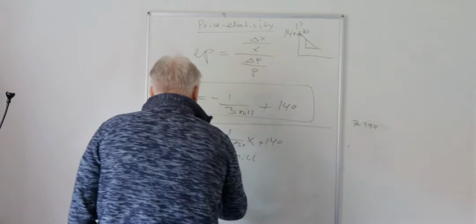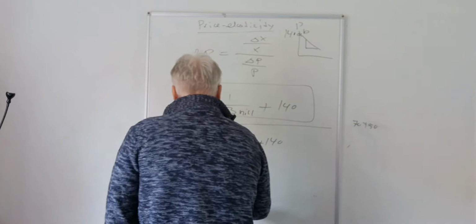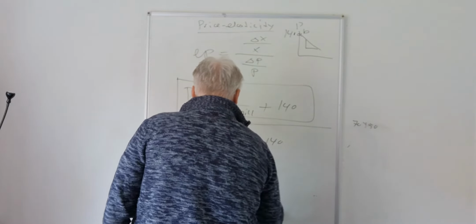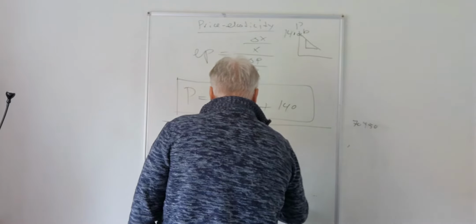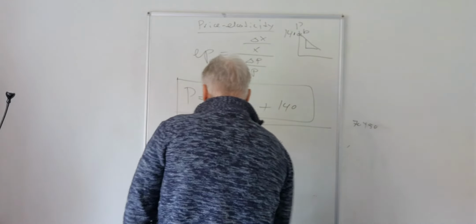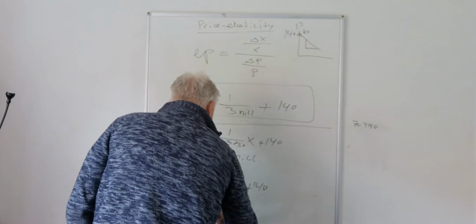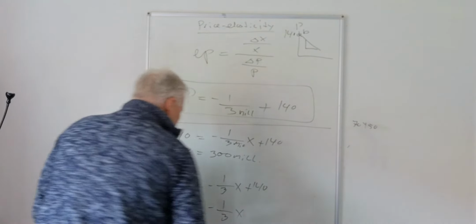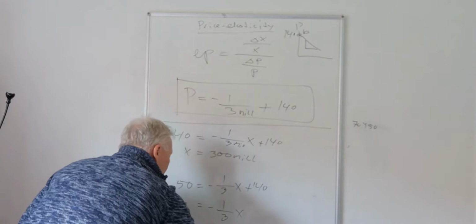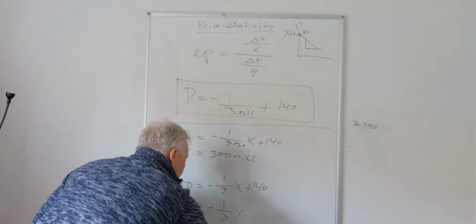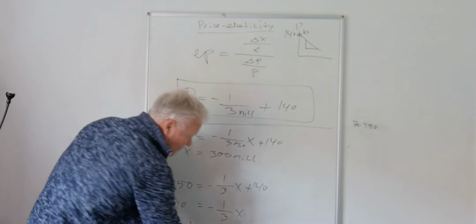Okay, the other example is that you have minus 1 over 3 million X plus 140, then you have minus 90 is equal to minus 1 over 3 X. And then you have down here 270 million.